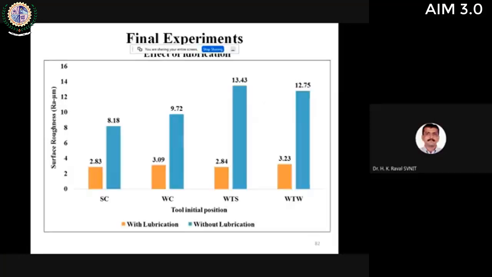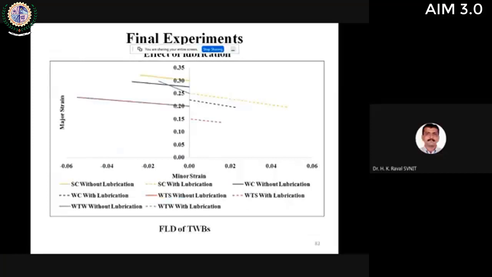So this is the surface roughness and the effect of lubrication that was discussed, and then the FLD was plotted. I will just show you the final FLD experimentation for different surface roughness values. I'm just skipping this, and this is the FLD we have obtained for different conditions of tool starting point, with lubrication and without lubrication.